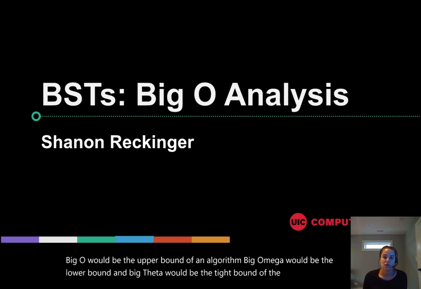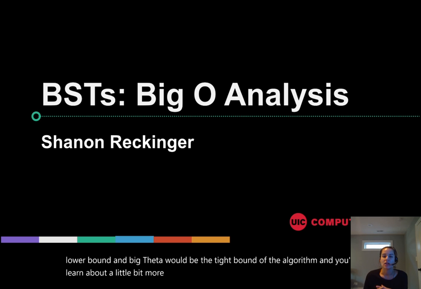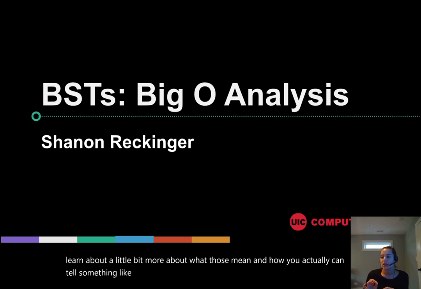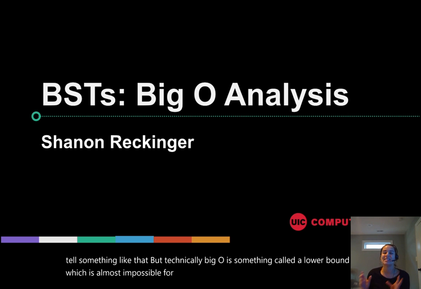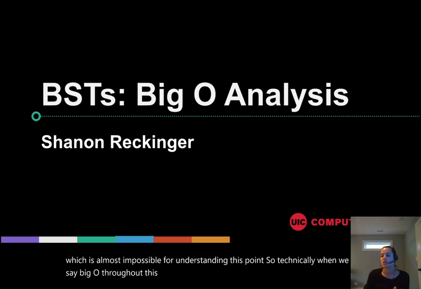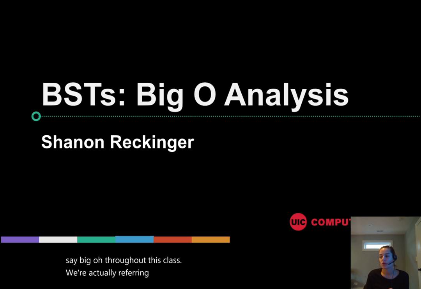You'll learn a little bit more about what those mean and how you can tell something like that. But technically, big O is something called a lower bound, which is almost impossible for you to understand at this point. So technically, when we say big O throughout this class, we're actually referring to big theta.